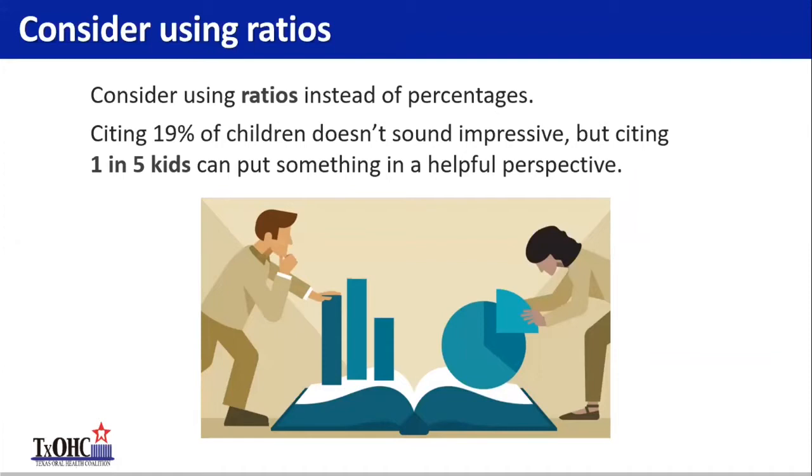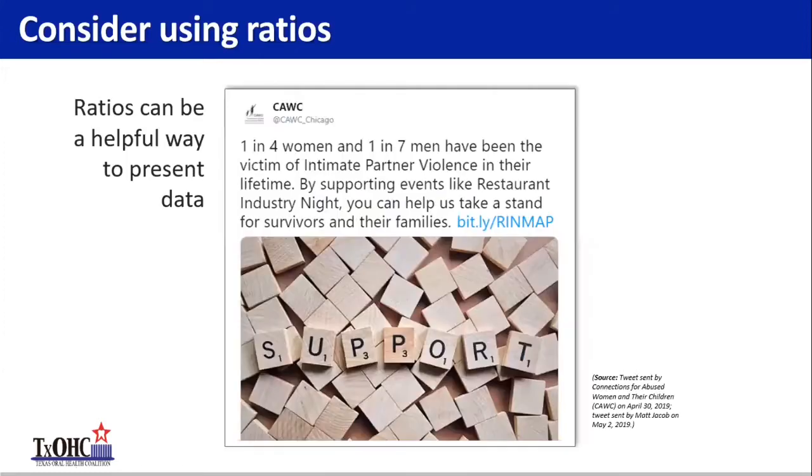I have 4 brothers and sisters. So, you know, when I hear 1 in 5 kids, I'm thinking, wow, that was one of us, right? So, you know, I think that people, when they hear a ratio, they think in terms of their household, their neighborhood, how many kids are on their street. It provides a context that makes data suddenly come alive in a way that it may not if you just say 19%. So it's something to consider.